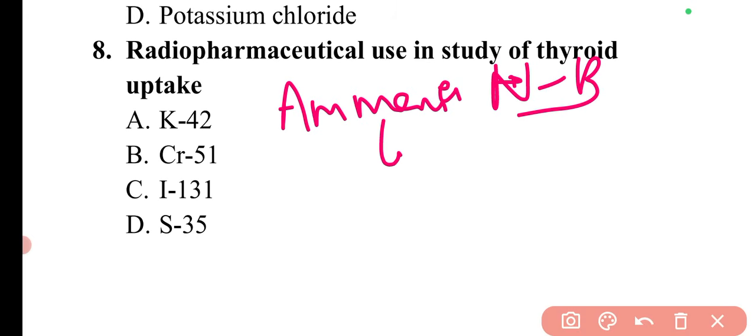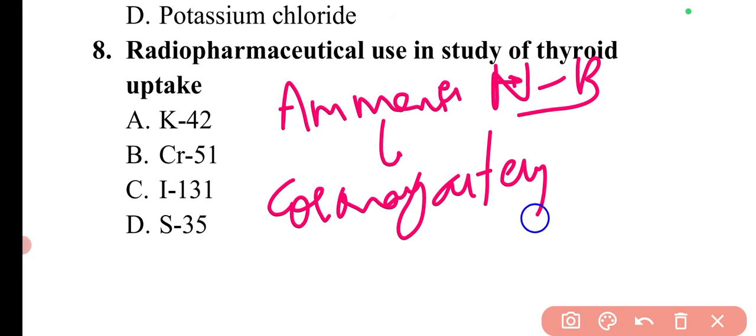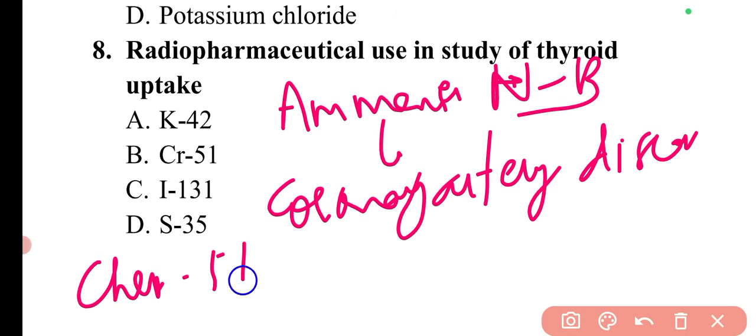It is used for the diagnosis of coronary artery disease, ammonia N13. Then there is chromium 51, which is used in the diagnosis of pernicious anemia.